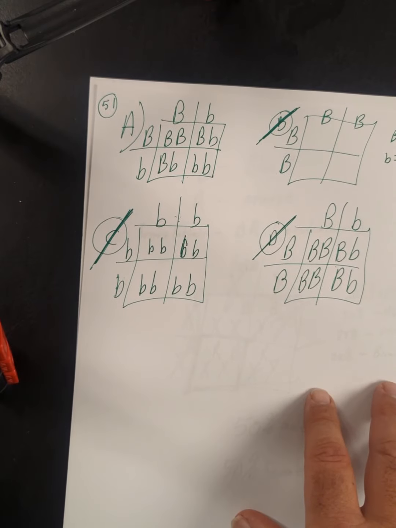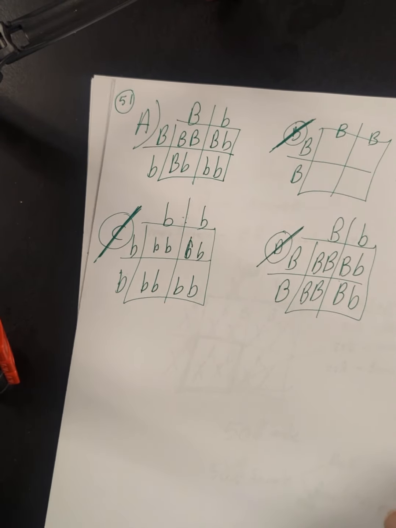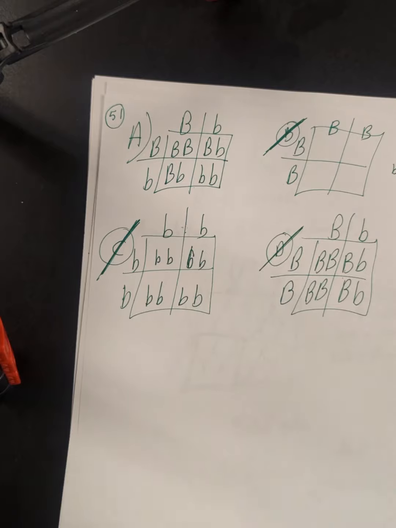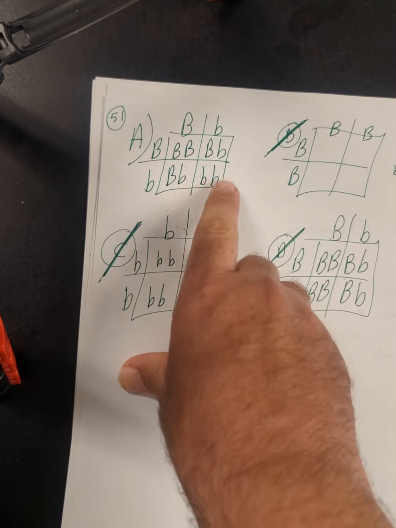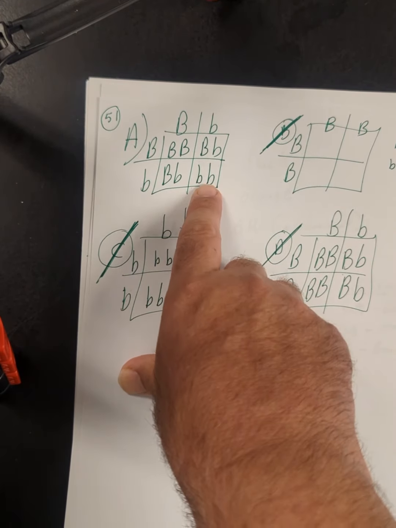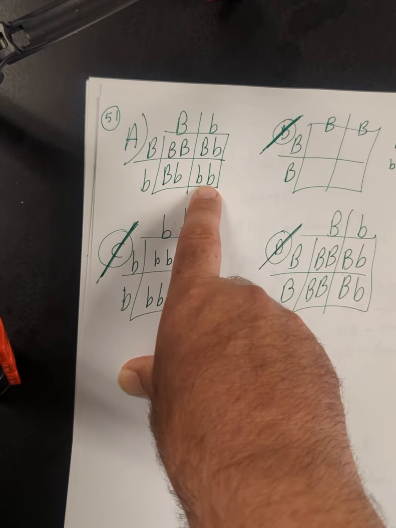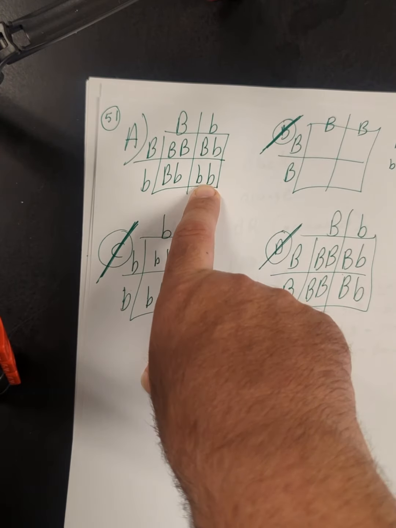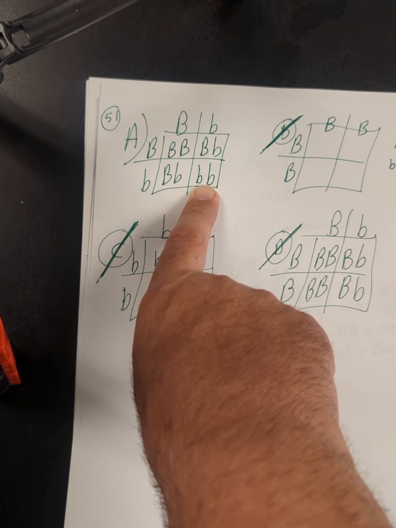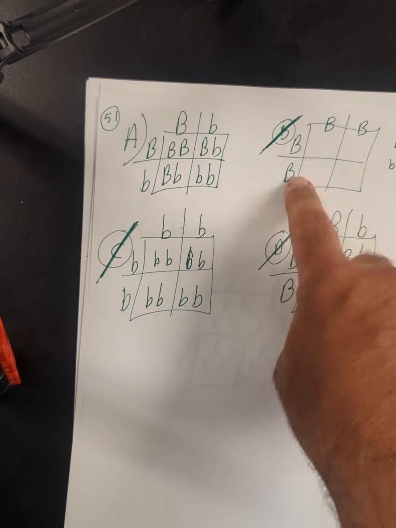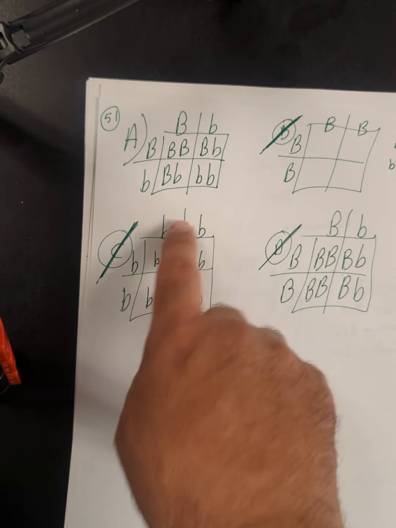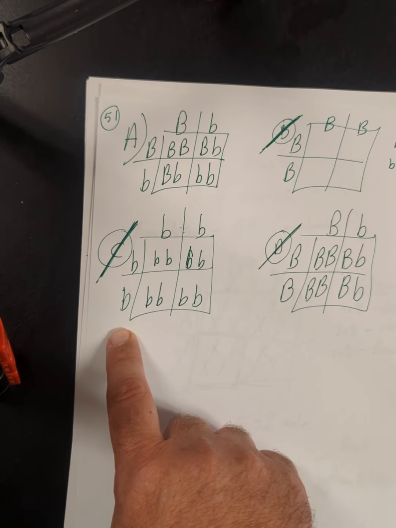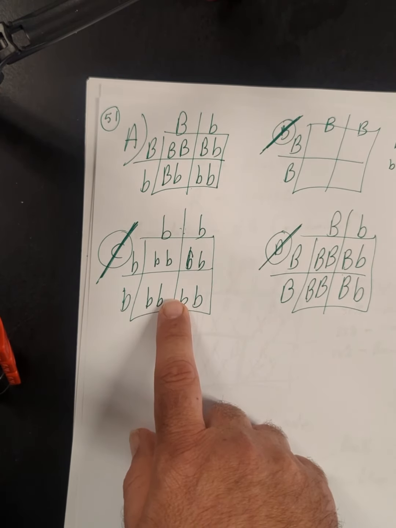Here we just have different crosses. In this scenario, you were trying to find a set of parents that could possibly have a child with a recessive gene, or a recessive phenotype. And they have no recessive genes at all, so they're out. They have nothing but recessive genes, and they've passed on nothing but recessive genes.